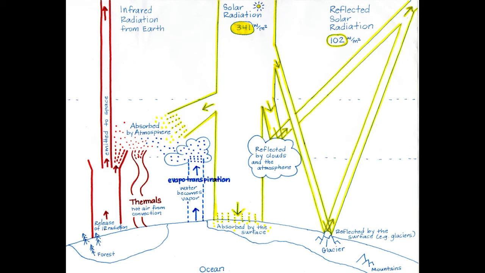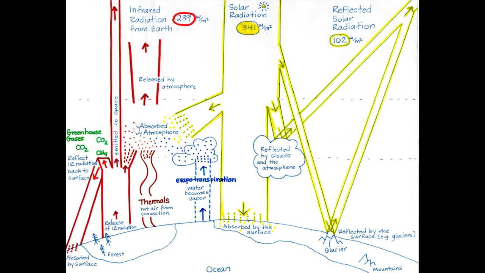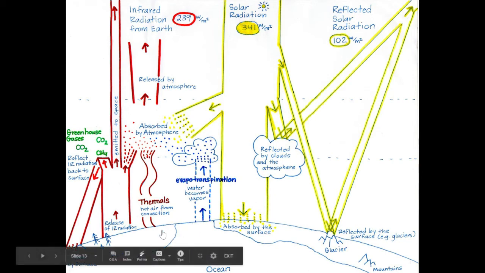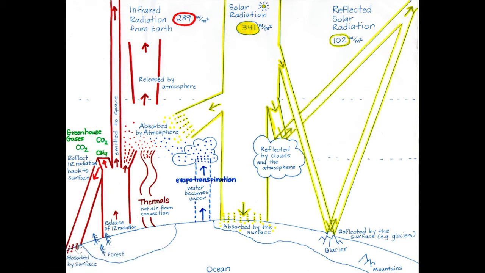So what happens is it will release some of that energy as infrared radiation that will eventually move out of Earth systems into space. Another key thing that happens is that this release of infrared radiation is not only absorbed or emitted, but also it's reflected back down to Earth's surface where it will be absorbed.